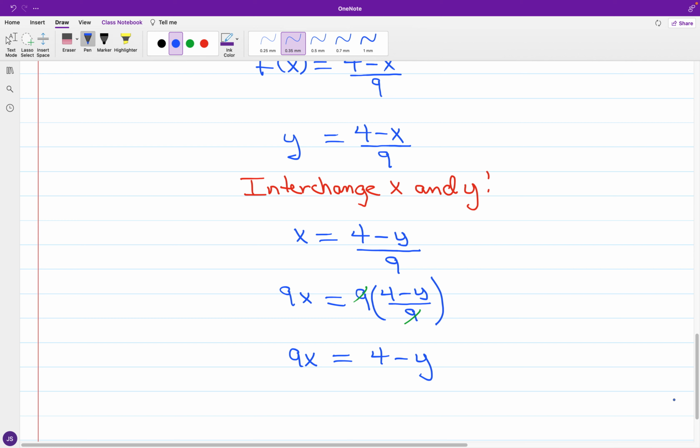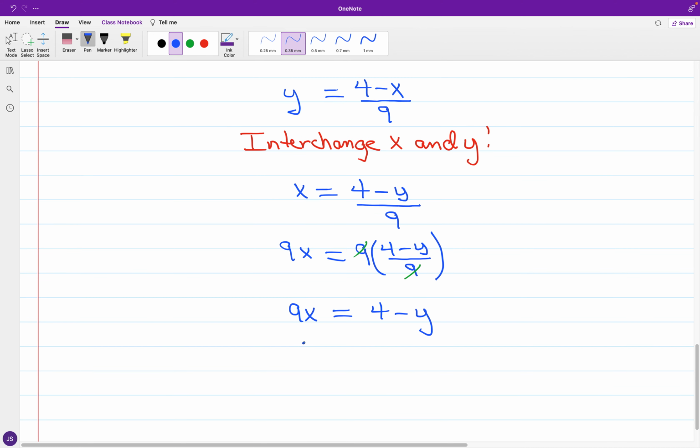For what we have in this case, I'm going to isolate the y term. So we have subtracting 4 on both sides, so we have 9x minus 4 is equal to negative y.